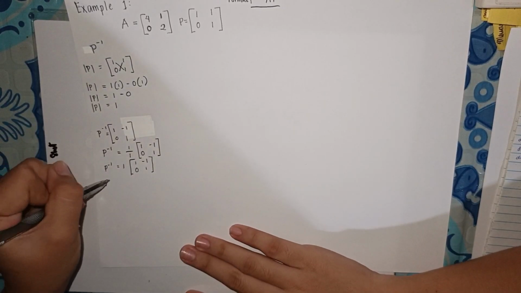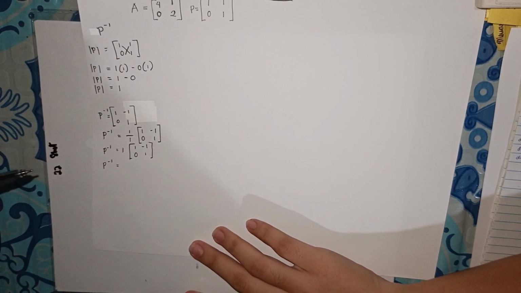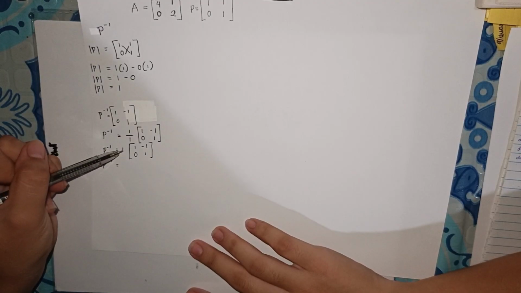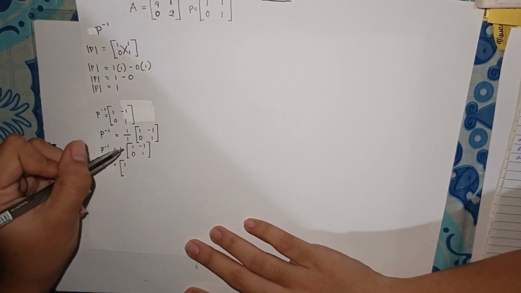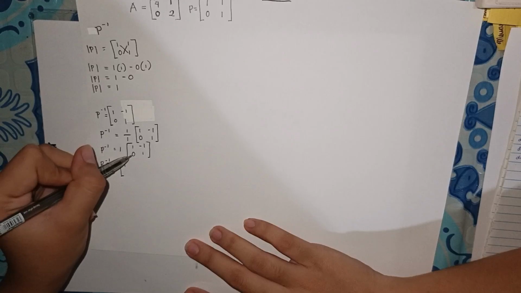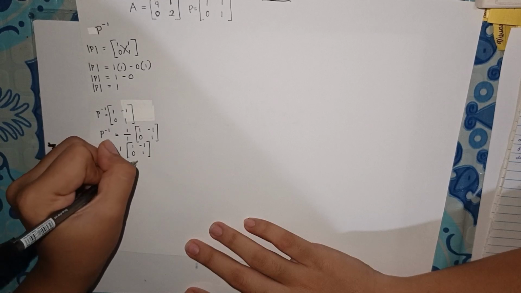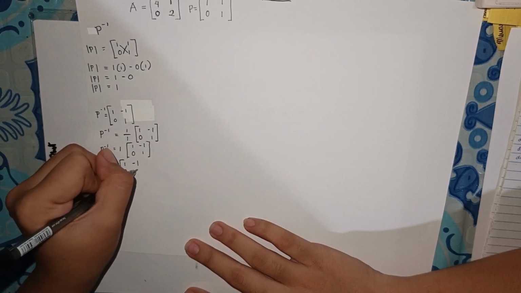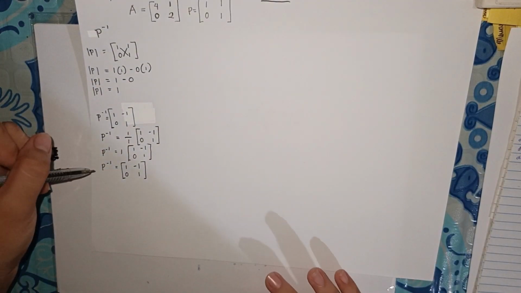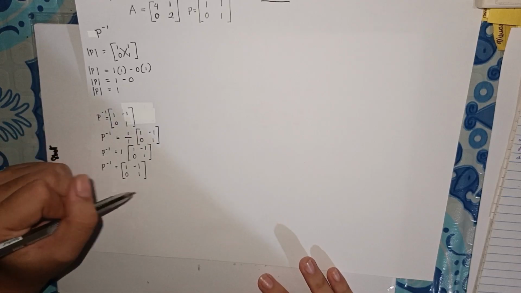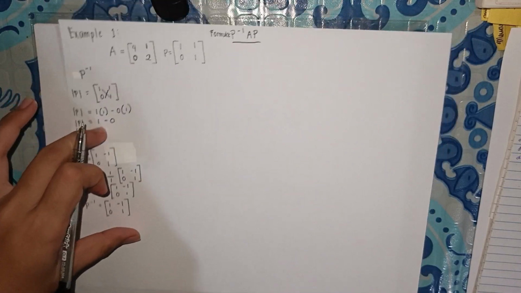So, to get the inverse of P, 1 times 1, 1. 1 times 0 is 0. Then 1 times negative 1, negative 1. Then 1 times 1, 1. So now we have the inverse matrix of P.